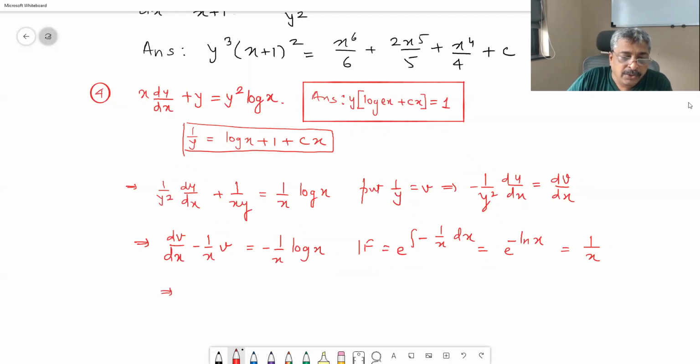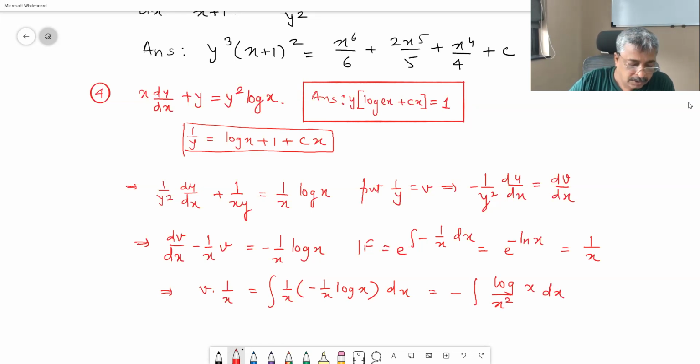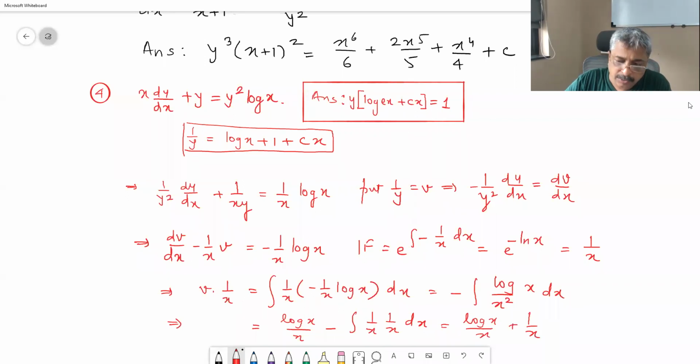Therefore, the solution is v into integrating factor, v into 1 upon x, is equal to integral of integrating factor into q of x, minus 1 upon x log x dx, which is equal to minus integral log x upon x square dx, which is equal to log x upon x minus integral 1 upon x into 1 upon x dx, integration by parts, is equal to log x upon x plus 1 upon x plus c.